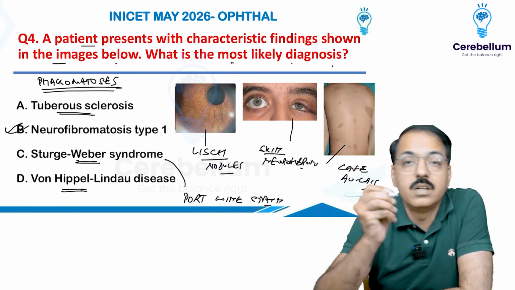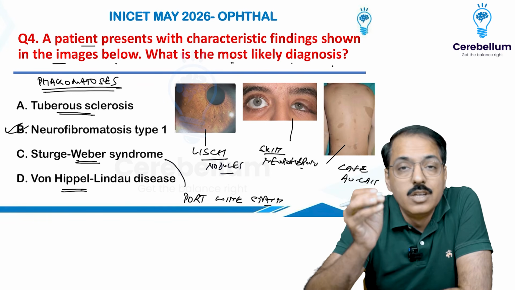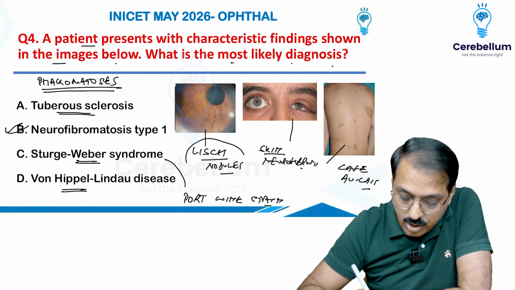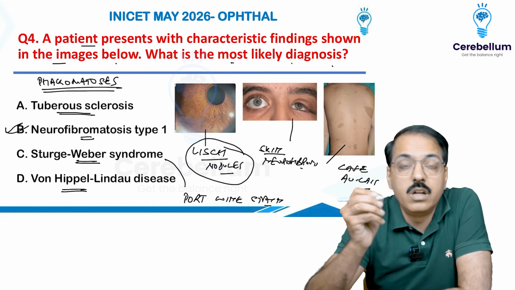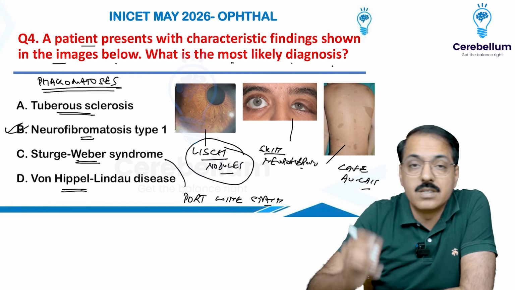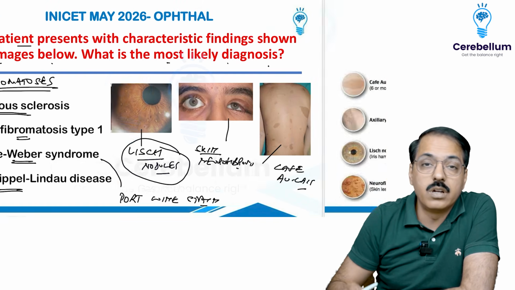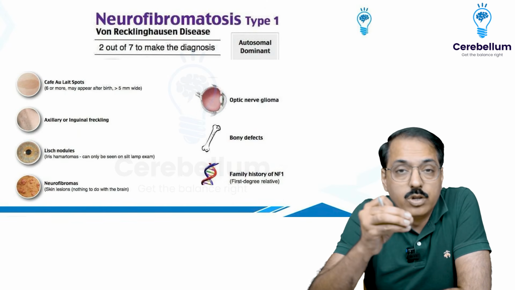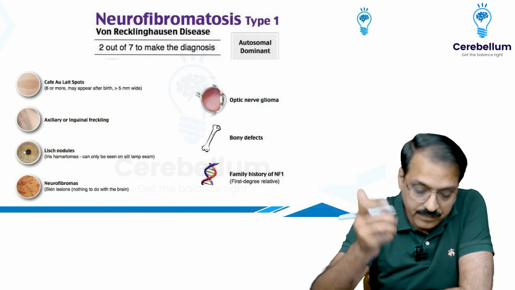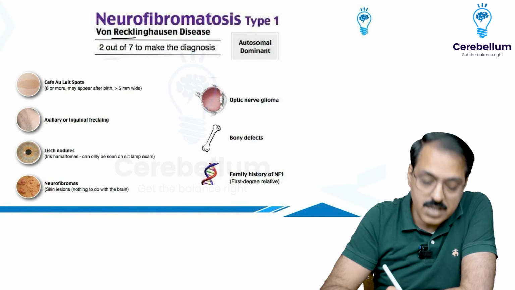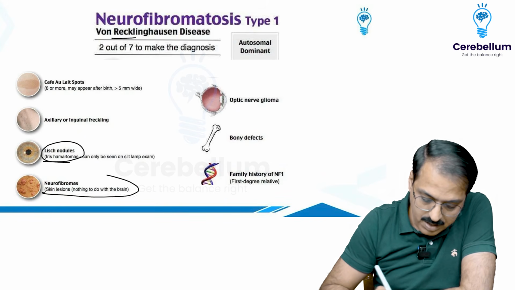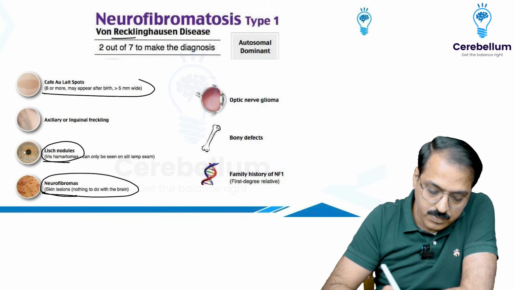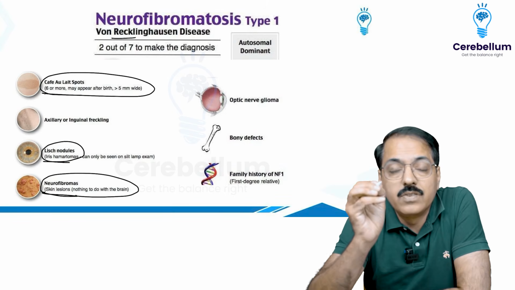These are all the lesions of phakomatoses. So if you just remembered your Lisch nodules, that is something which you had done, and you remember that it is found in neurofibromatosis type 1, you could have answered this one also. And I hope you were taught in your derma also that cafe au lait spots are there. So if you see von Recklinghausen disease, it presents with Lisch nodules, neurofibroma, skin lesions, cafe au lait spots. These are the findings which are there.